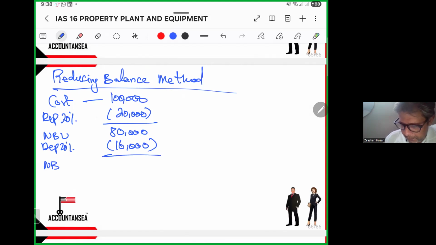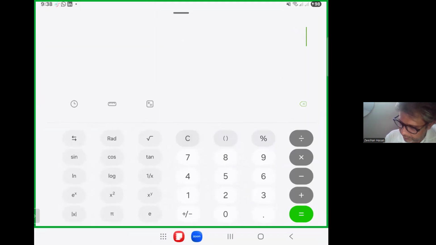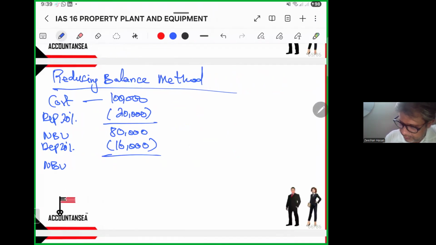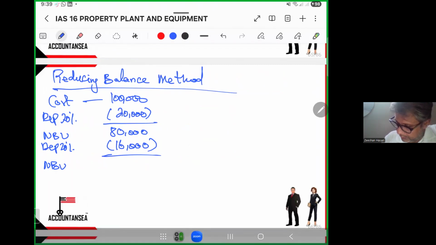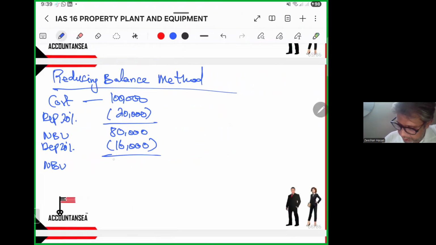Now the net book value is 80,000 minus 16,000, 64,000, right? So 64,000 into 20% is 12,800.